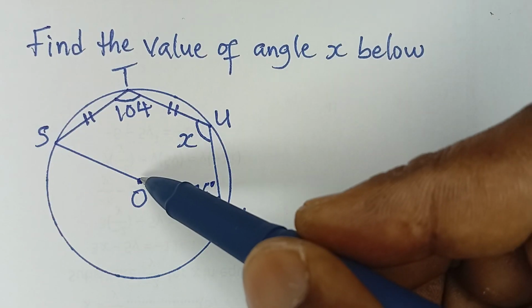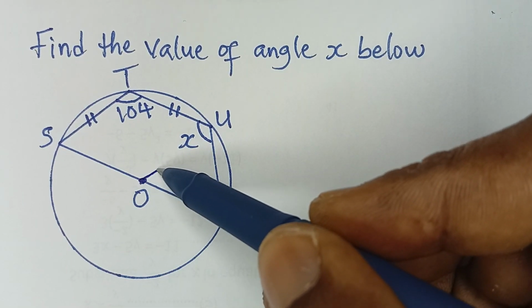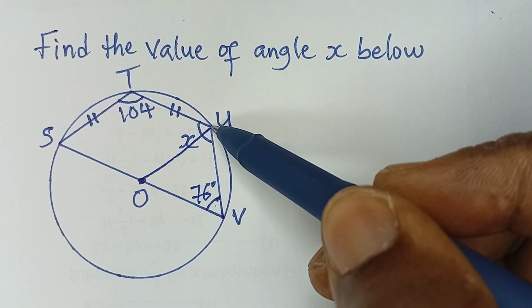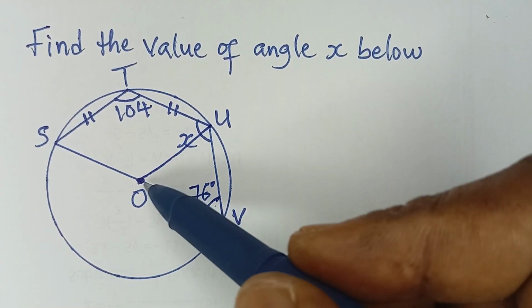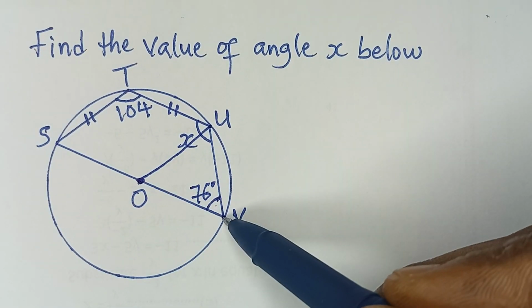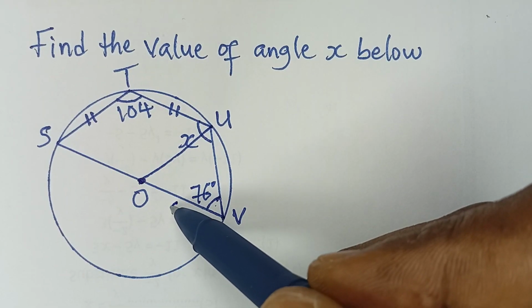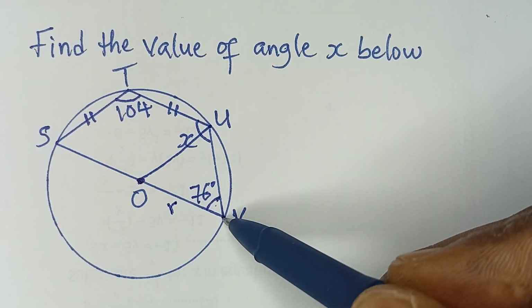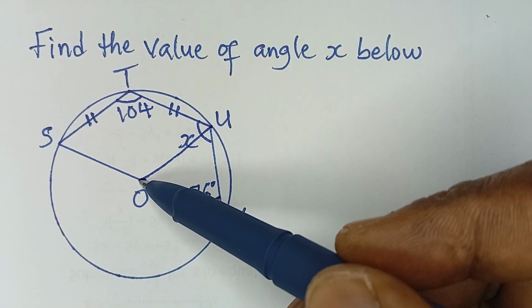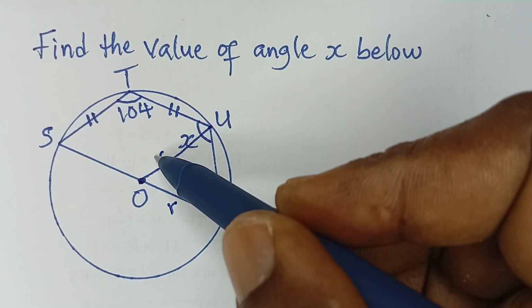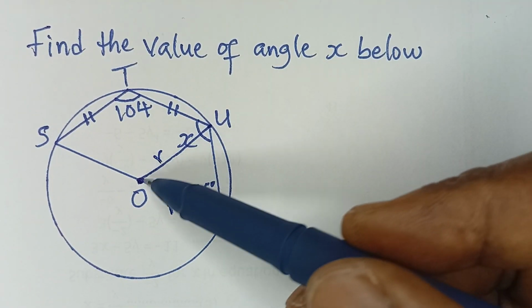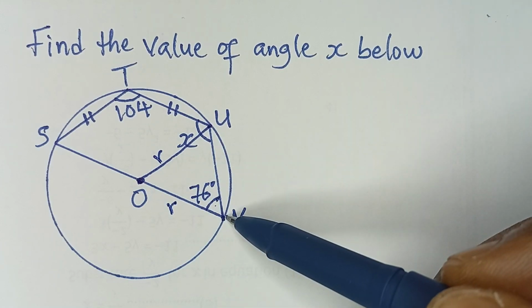Then I'd like to make a trace here from here down to this angle here with a straight line. So if you agree that from this point to this circumference is a radius, from the center of a circle to the circumference is a radius. Also from the center of a circle to the circumference is also a radius. So this is an isosceles triangle.